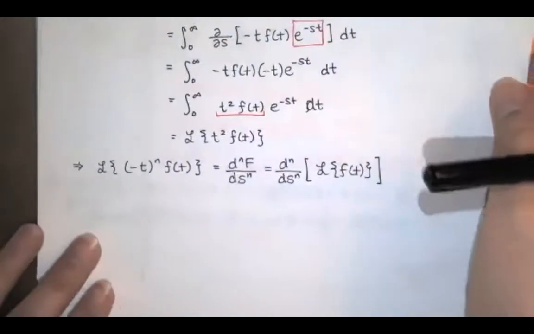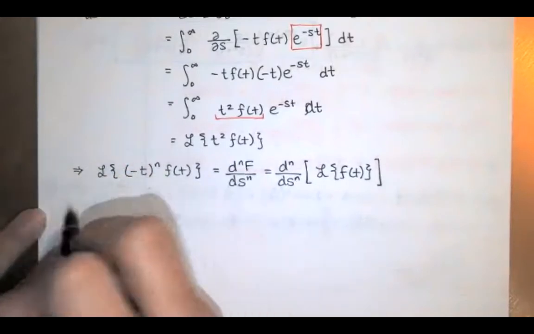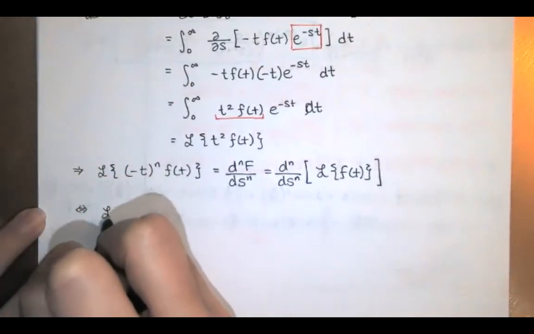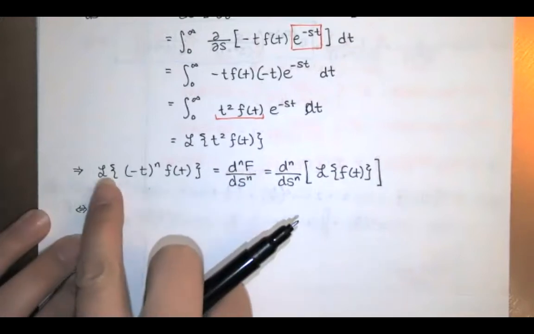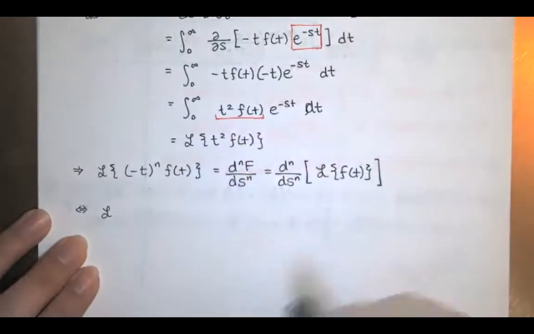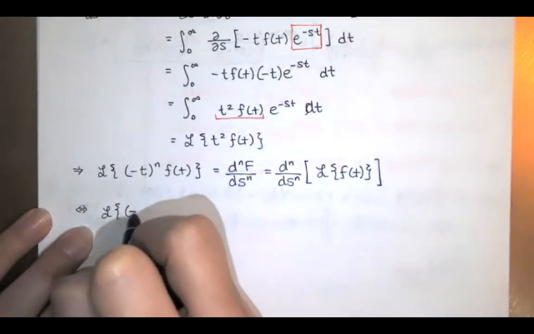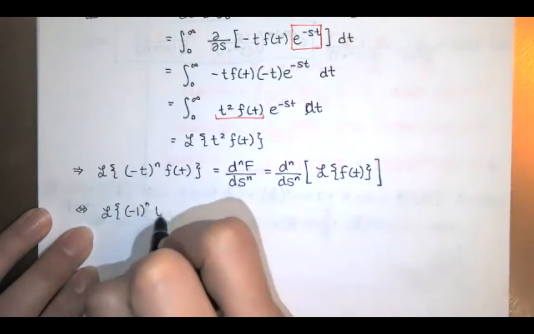Now, most of the time, this theorem is not written this way because we like to think of this a little bit differently. We usually like the negative to be on this side, so that if you have the Laplace transform of some power of t times f of t, you would just get the result over here. Well, in that case, you'll have this. That nth power applies to the -1 and the t.